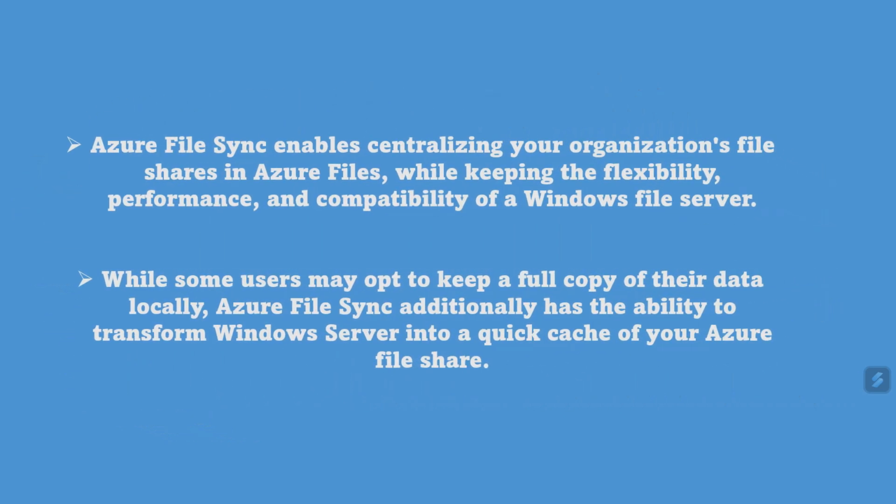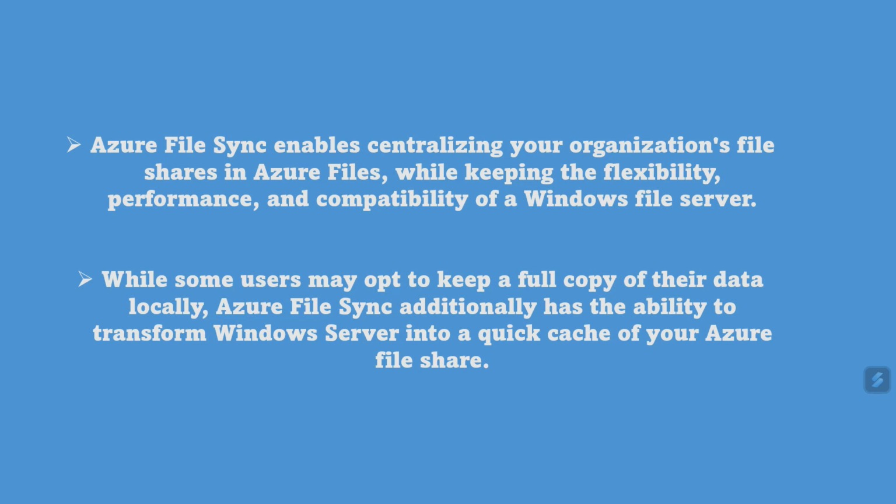So Azure File Sync enables centralizing your organization's file shares in Azure while keeping the flexibility, performance, and compatibility of a Windows file server. What it does is that Azure File Sync syncs between your on-premise Windows server data and the data on the file share, and it happens vice versa.